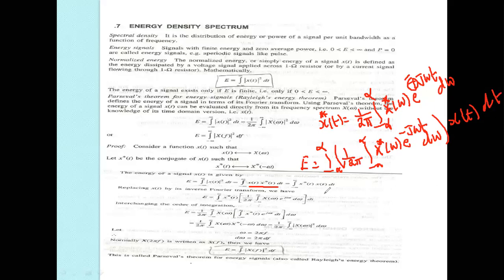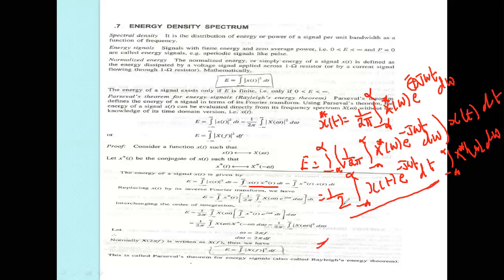You can simplify it: 1 by 2 pi times the integral from minus infinity to infinity of x conjugate of omega, and another integral from minus infinity to infinity of x of t e power minus j omega t dt, which again gives you x of omega only, d omega.